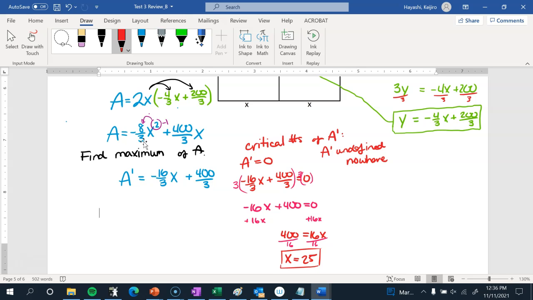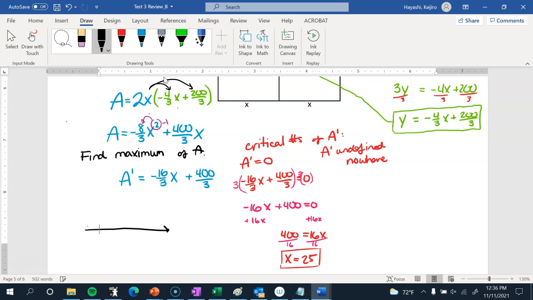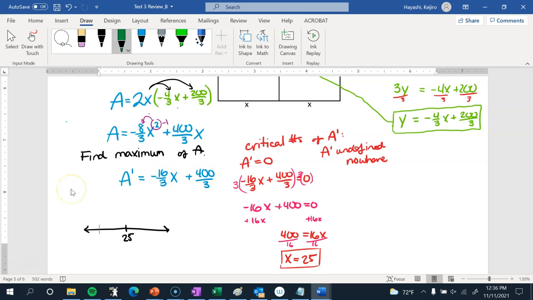But if you wanted to make absolutely sure, you would list it as a critical number, pick a test value on either side, maybe like 0 or 50. You could even use 24 and 26 if you wanted. And just try to evaluate A prime at 0 and A prime at 50.